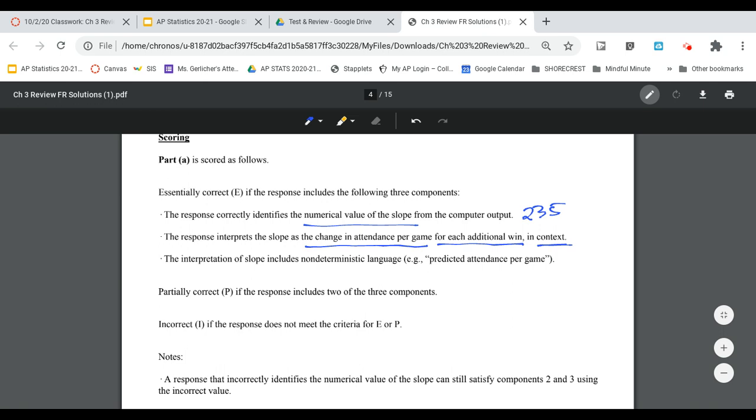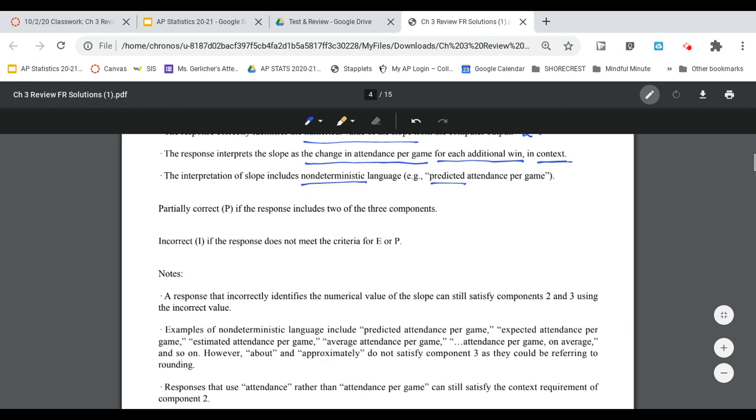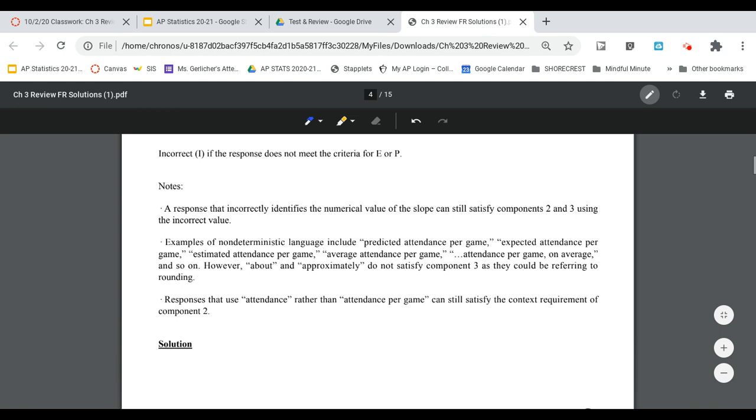And then the last piece is what they call non-deterministic language. So you're not saying that this least squares regression line can perfectly predict things, or can perfectly tell you what the real life answer is. It can only give you a prediction. So predicted is a kind of word they're looking for. Or if you scroll down a little bit more under notes, they say examples of non-deterministic language.